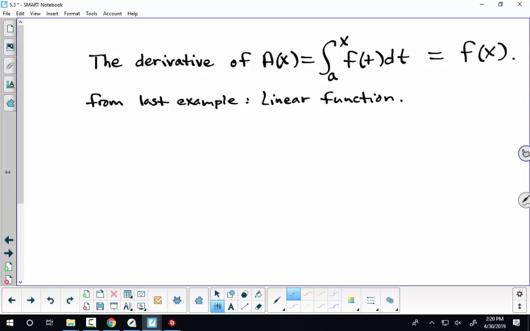So what that means is that, depending on the notation, you look at the derivative of capital A of x, which is the derivative of the integral definition of A of x.